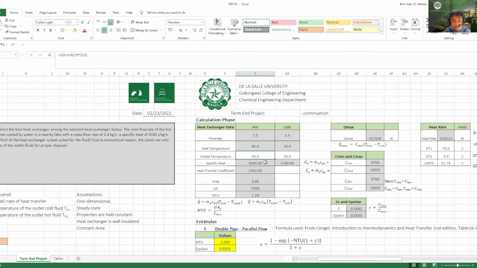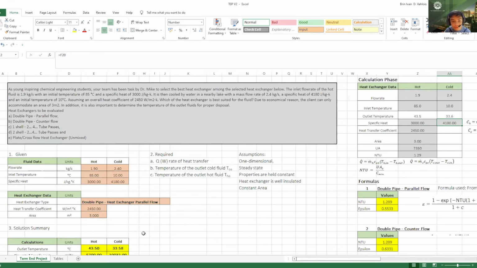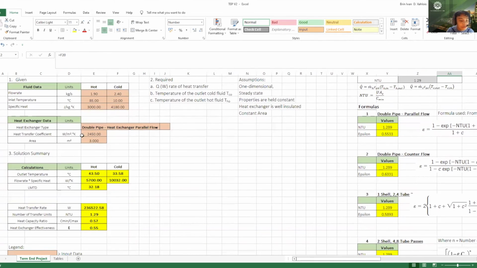So using those values, we can get the outlet temperatures. We get the flow rate times specific heat, and we get the LMTD.